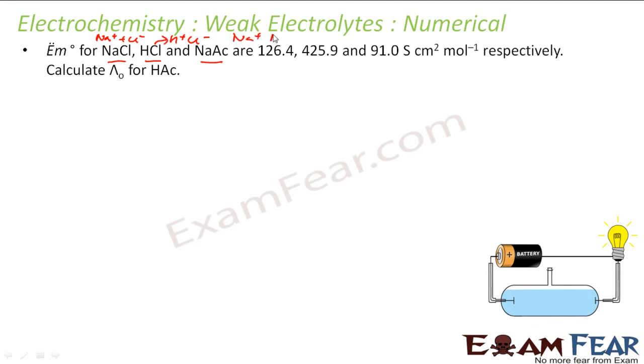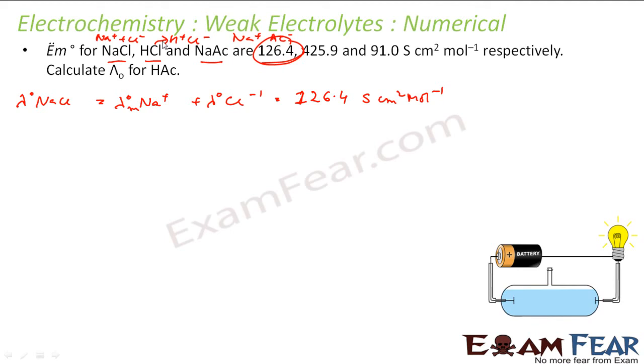And NaAc will break into Na+ and Ac-. So the lambda m naught of NaCl is nothing but lambda naught of Na+ plus lambda naught of Cl-, and that value is given, 126.4, with the unit S centimeter square per mole.